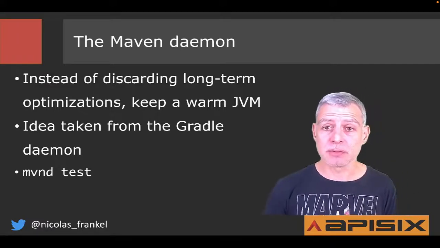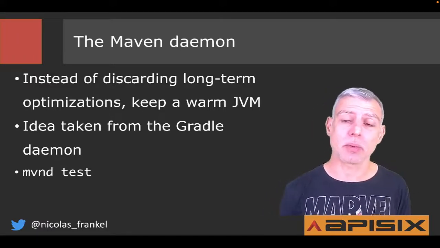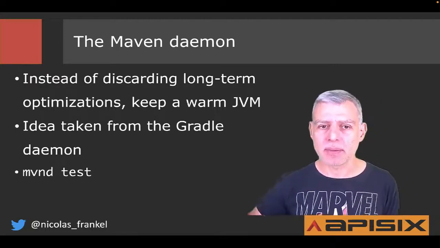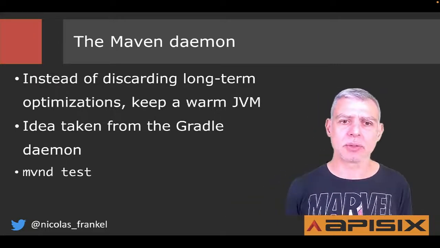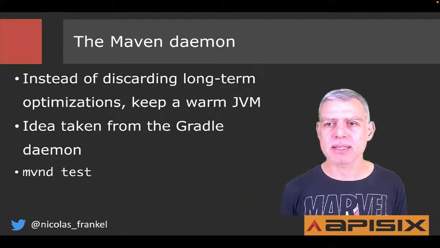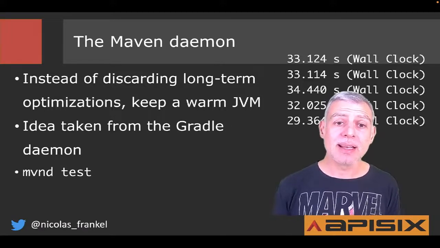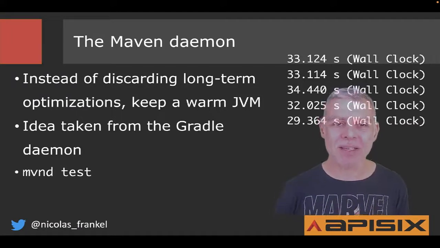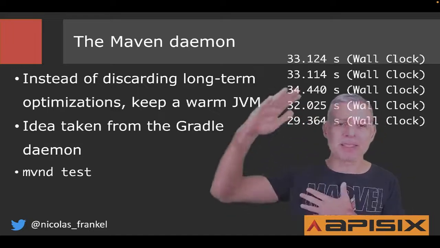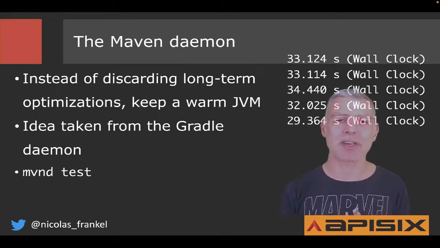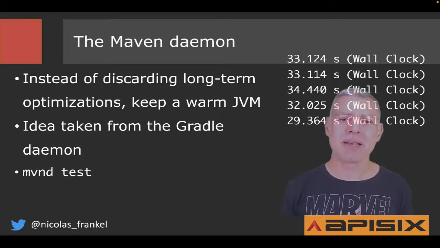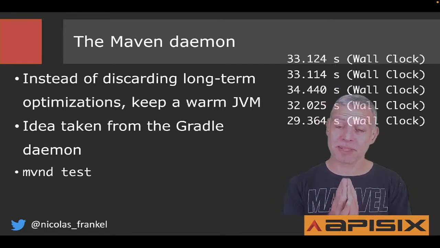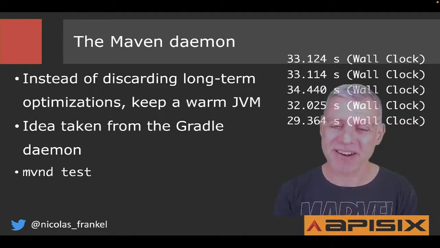So instead of using mvn test, what I will be using is mvnd test. So I'm completely ignoring the Maven wrapper in that case. And wow, that's really, really great. I mean, I come from around 2 minutes to 30 seconds. Sorry, I've cut the build time by 4.